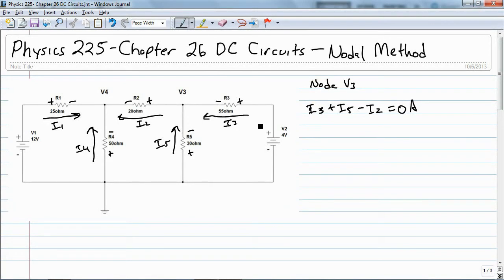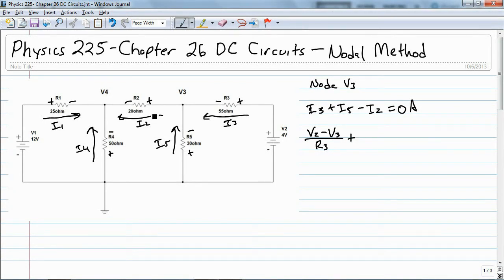So I3, what we do is we take the potential at the tail and subtract the potential at the tip and divide by the resistance. So in this case, I3, the tail goes to V2, the tip goes to V3, and the resistor is R3.